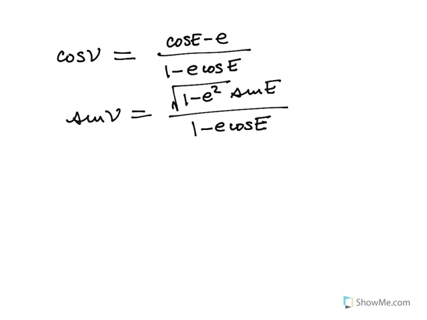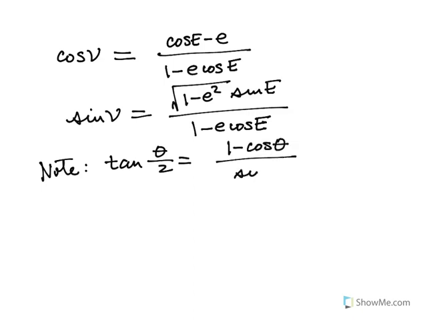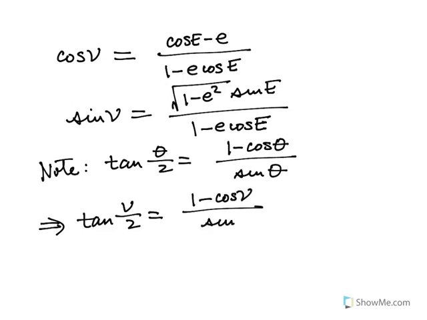So the trigonometric identity that I'm going to use is as follows: the tangent of theta over 2 is equal to 1 minus the cosine theta, all divided by the sine of theta. If I substitute that identity using the angle nu, that implies that the tangent of nu over 2 is equal to 1 minus the cosine of nu, all divided by the sine of nu. Well, let's start making the substitution now.